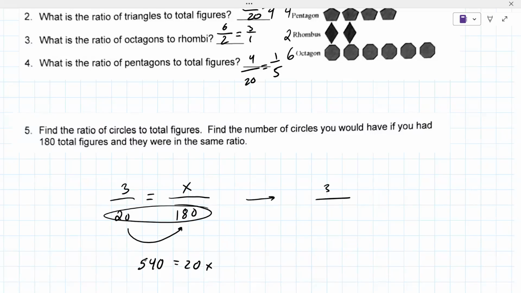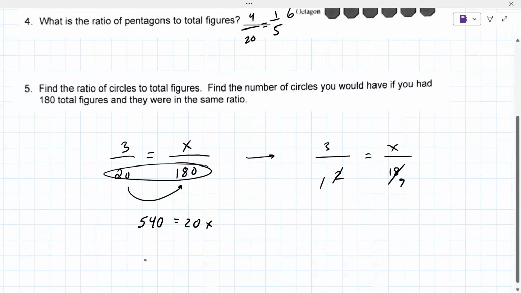You've already gotten into it, but you'd at least get 2 and 18, and then 1 and 9, and you'll see it when you divide by 2 by 20.